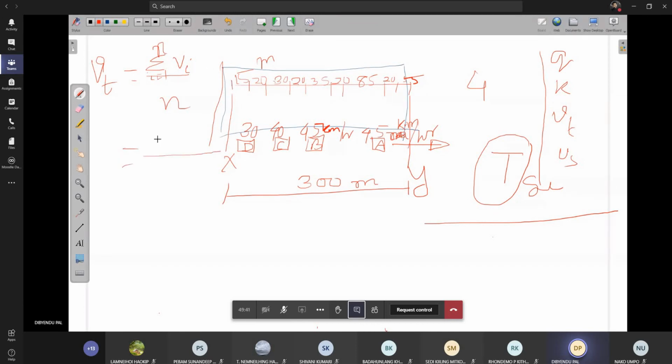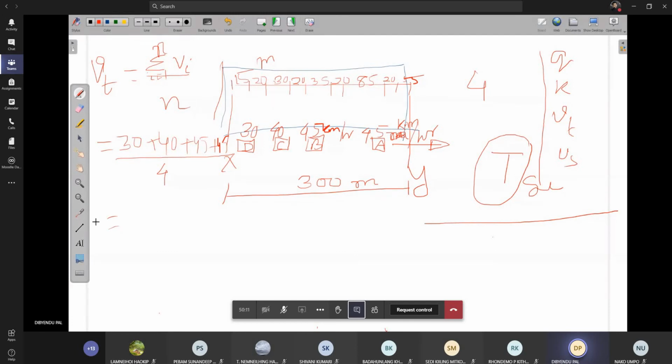So the sum of the speeds of all vehicles. What were those speeds? That was 30 plus 40 plus 45 plus 45, divided by n. N here is 4.